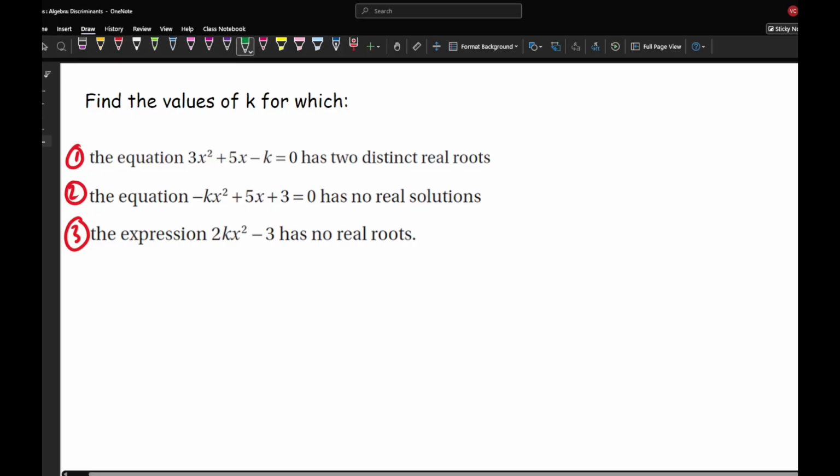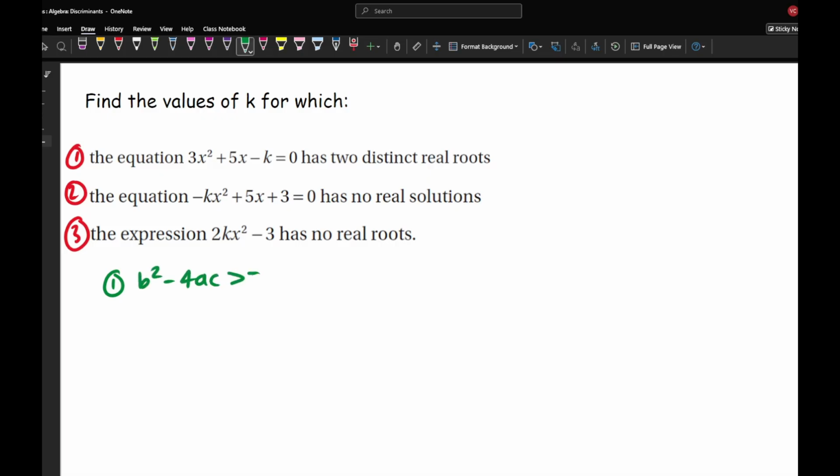So for the first one, with number 1, we know b squared minus 4ac is going to be greater than 0. So my coefficient values are a equals 3, b is going to be equal to 5, and c is equal to minus k. So substituting numbers into the discriminant, I get 25 minus 4 times 3 times minus k, and that's greater than 0.